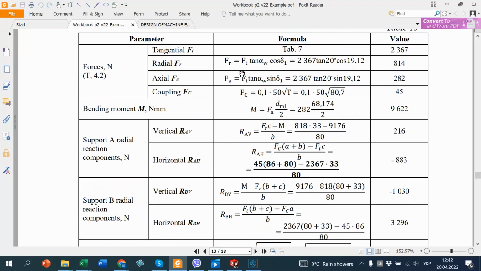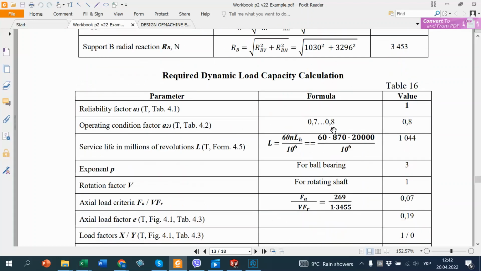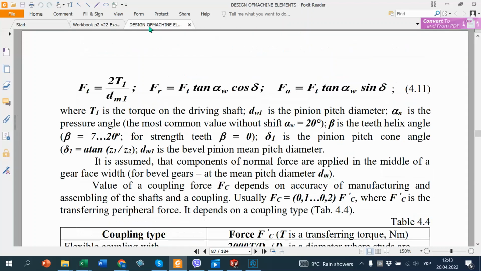Radial force is here. And in this table, FR is not radial force, it is radial load on a bearing. So, how to calculate required dynamic load capacity? First, let me show you.